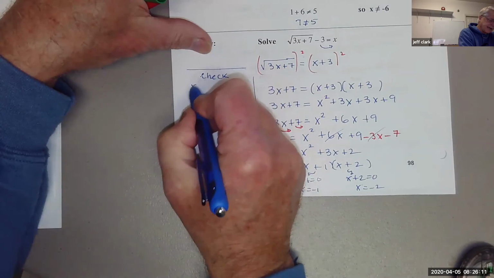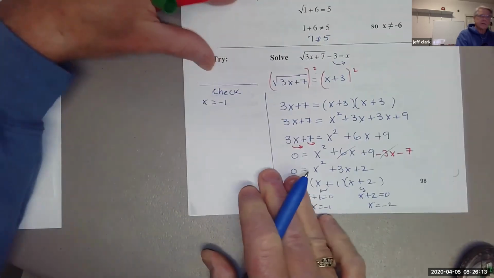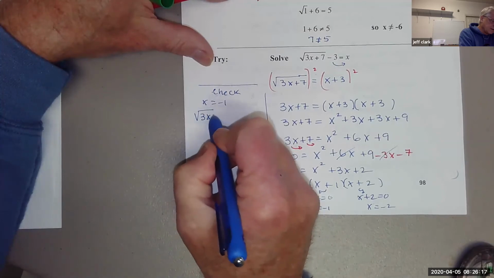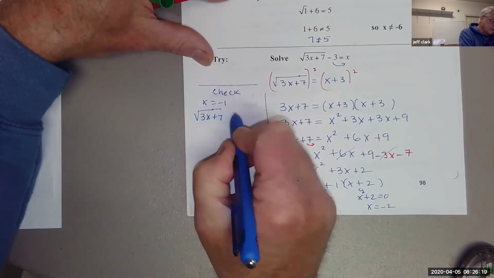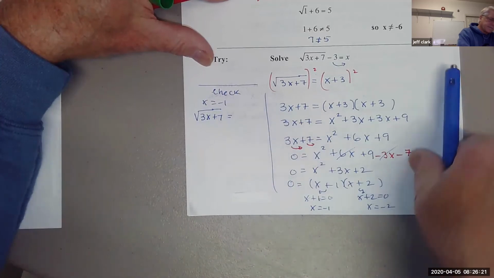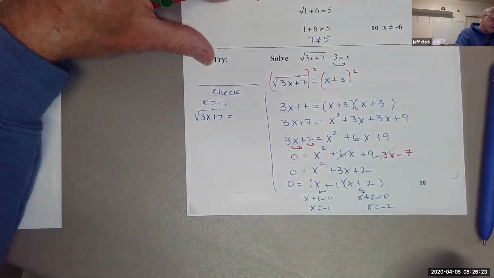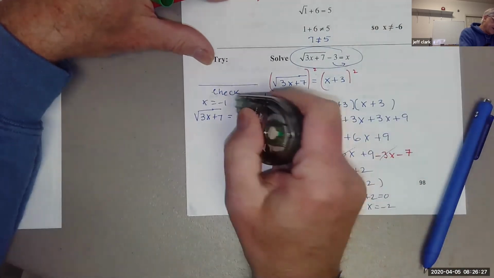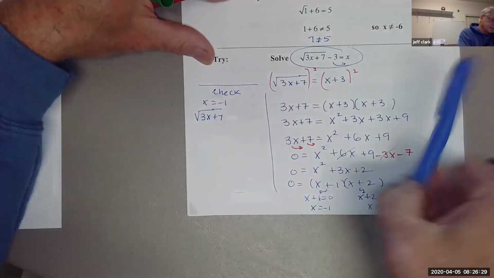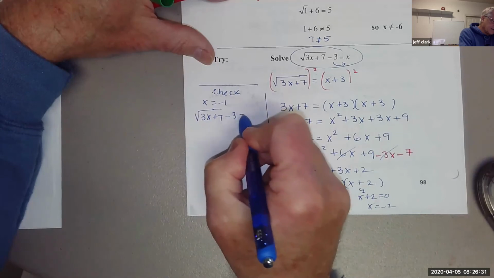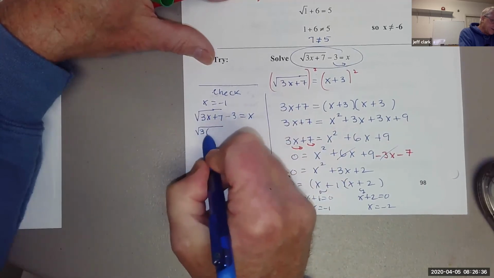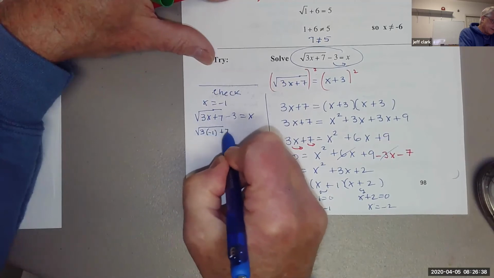I'll check x equals -1 first. Here's the original. The original is right up here. Sorry. I need to make sure I check the original. Okay, here we go. Square root 3 times -1 plus 7.